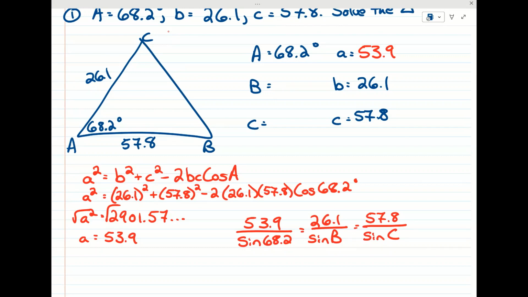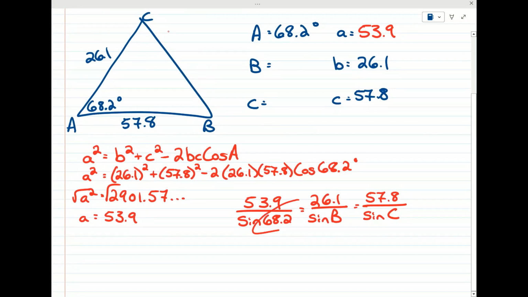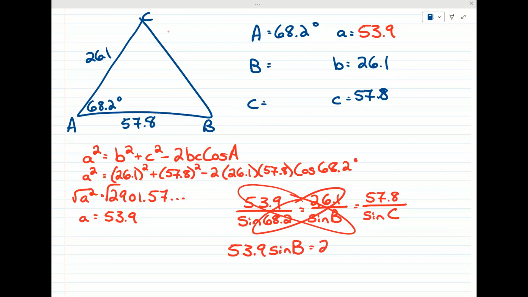Remember, we could always check our answer to make sure that the largest side is opposite the largest angle and the smallest side is opposite the smallest angle. What I'm going to do is go ahead and solve for angle B here by cross multiplying. So 53.9 times the sine of B is equal to 26.1 times the sine of 68.2.